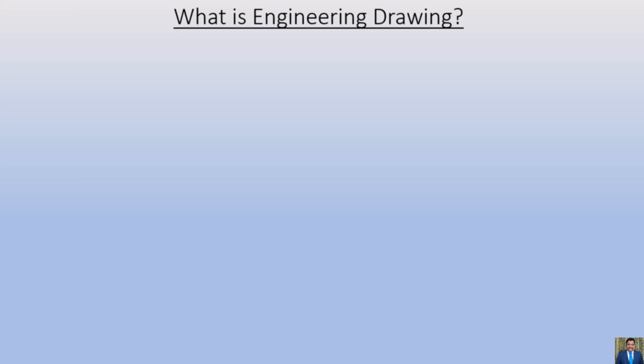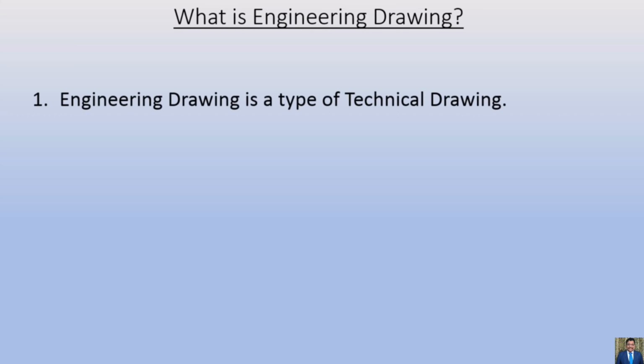So, what is engineering drawing? Engineering drawing is a type of technical drawing. This means that engineering drawing has a purpose which is different from the artistic drawings. Like for example, if you paint a horse or a house to show to someone that it will look good or something.